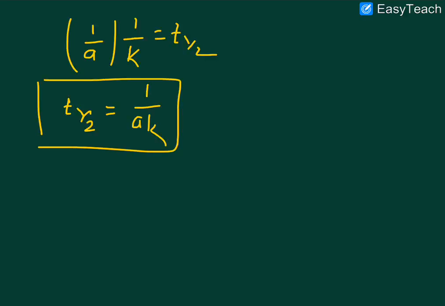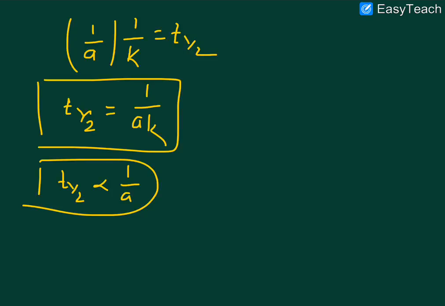So this clearly indicates that t half is inversely proportional to a, meaning if the initial concentration of reactant is increased, then t half will decrease, because the rate of the reaction is directly proportional to the square of the concentration of reactant.